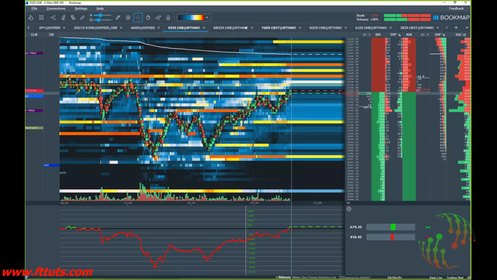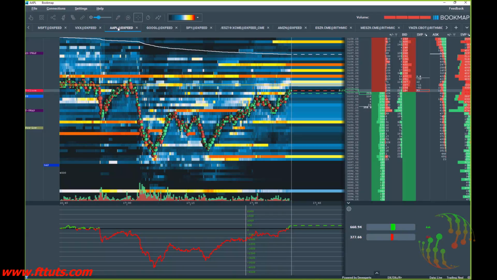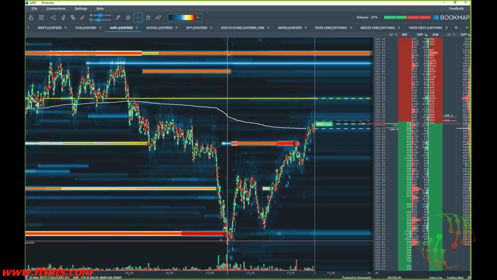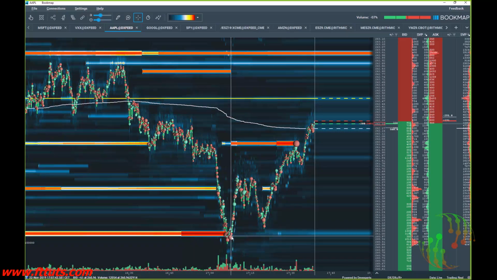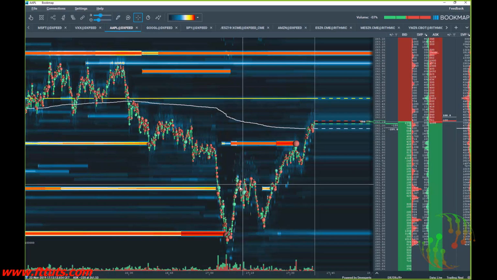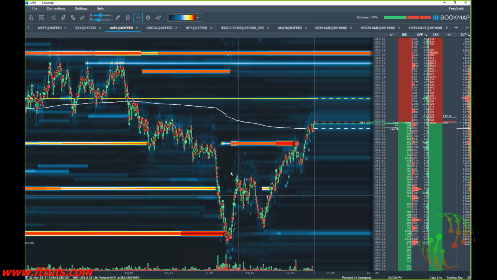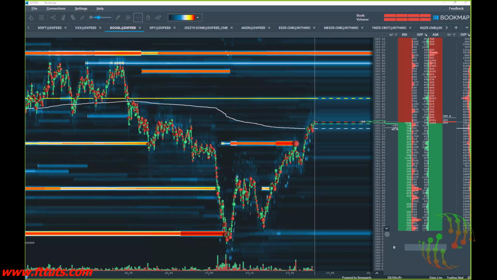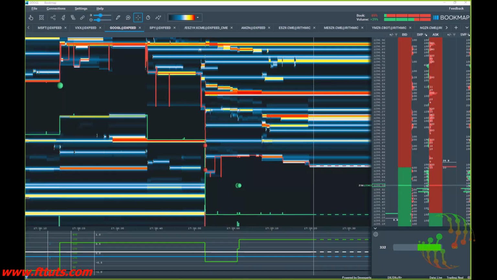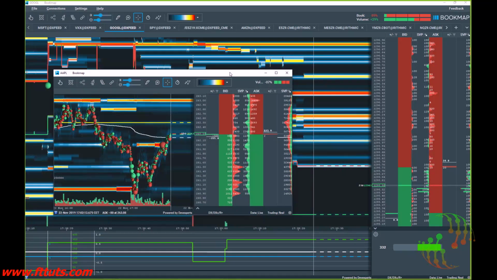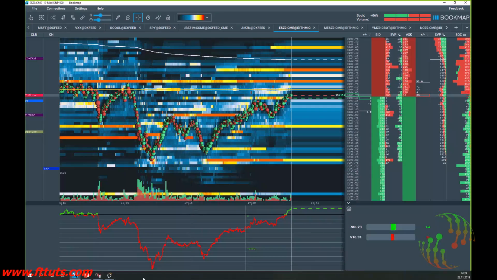That's especially when you look at Amazon or Apple, you see how they are supporting the S&P here, Apple. Absorption, and when you have this chart on another monitor, you can really be sure. Let me extract this chart here.